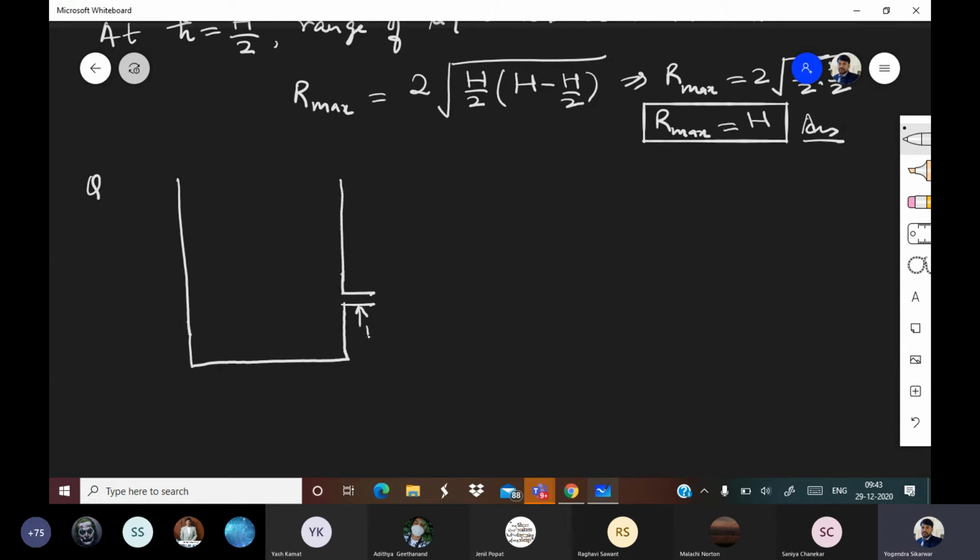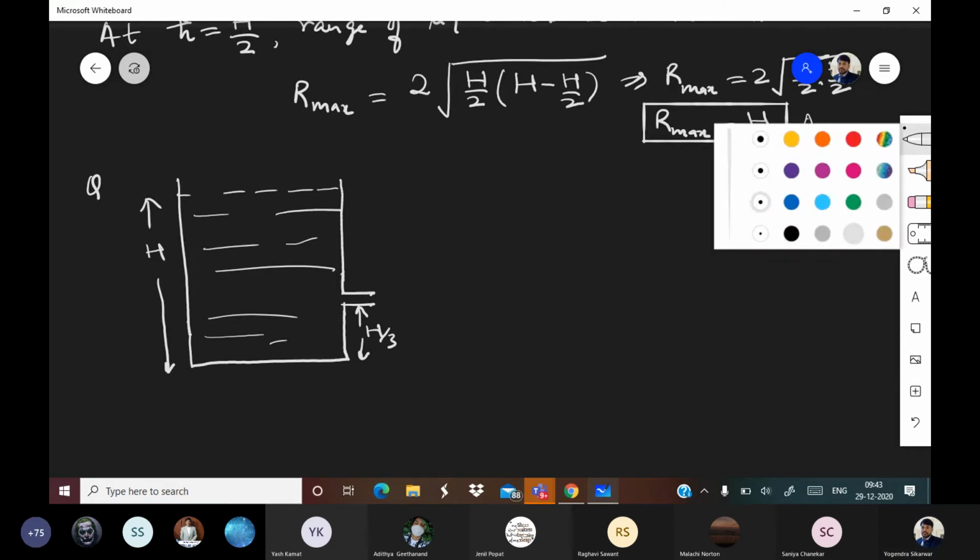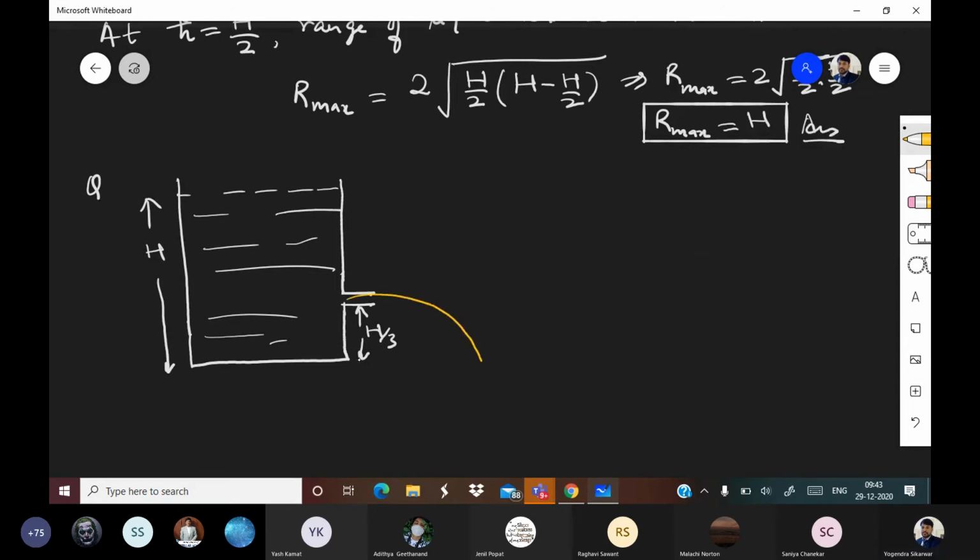This height is given as capital H by 3 and the total height of liquid is capital H, and the question is to find the range R of the liquid. Please solve and give me the answers.